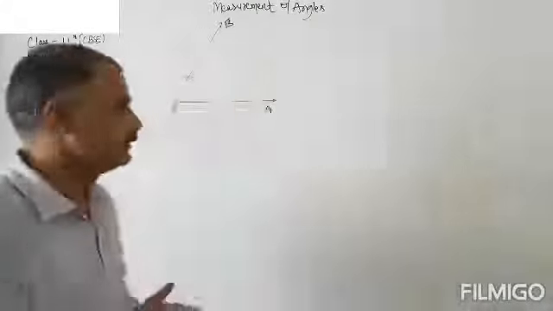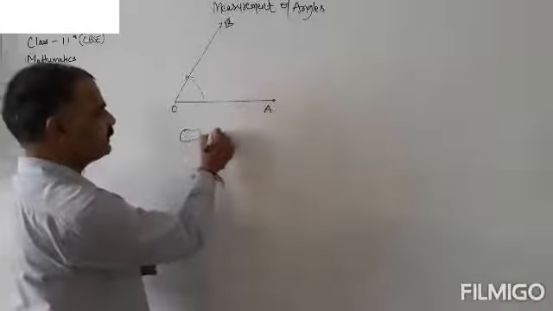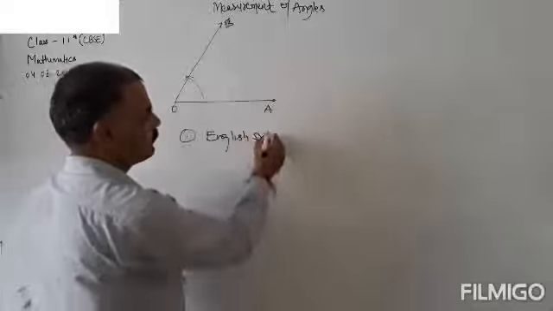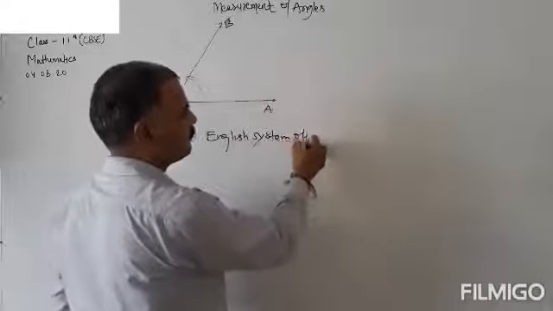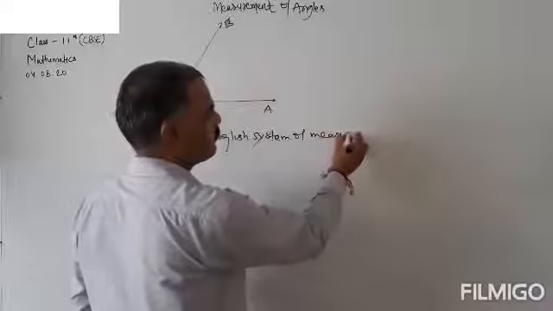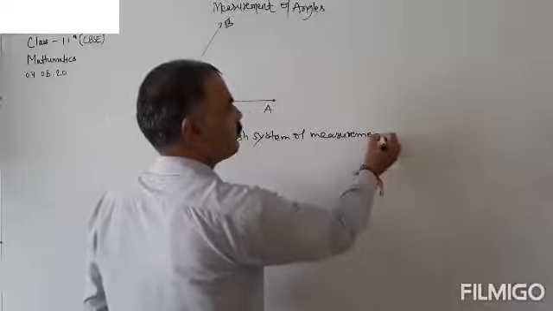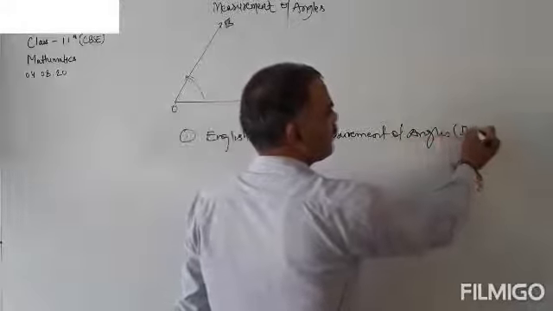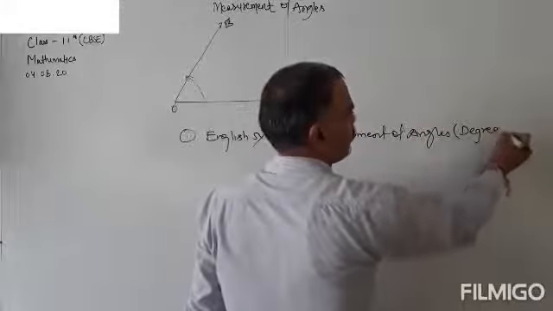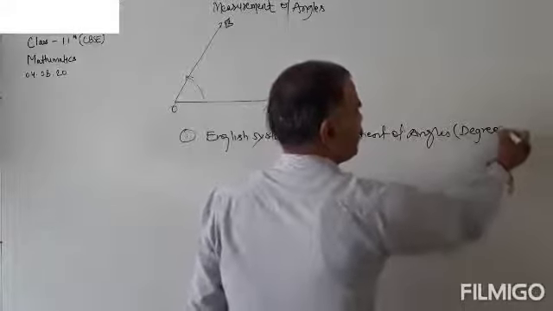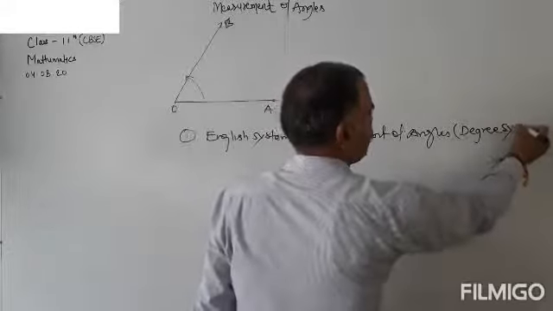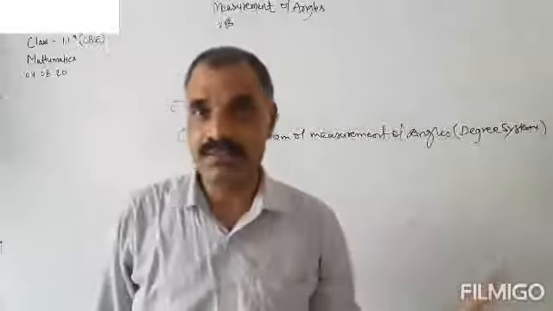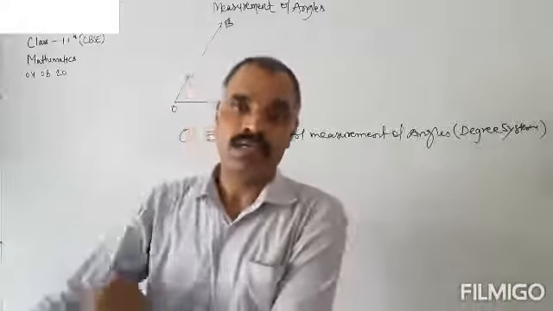Okay? The first one is the English system of measurement of angles, and this one is the degree system. This is the degree system that you are well versed in, that you have learned a lot about, and this system is said to be the English system.